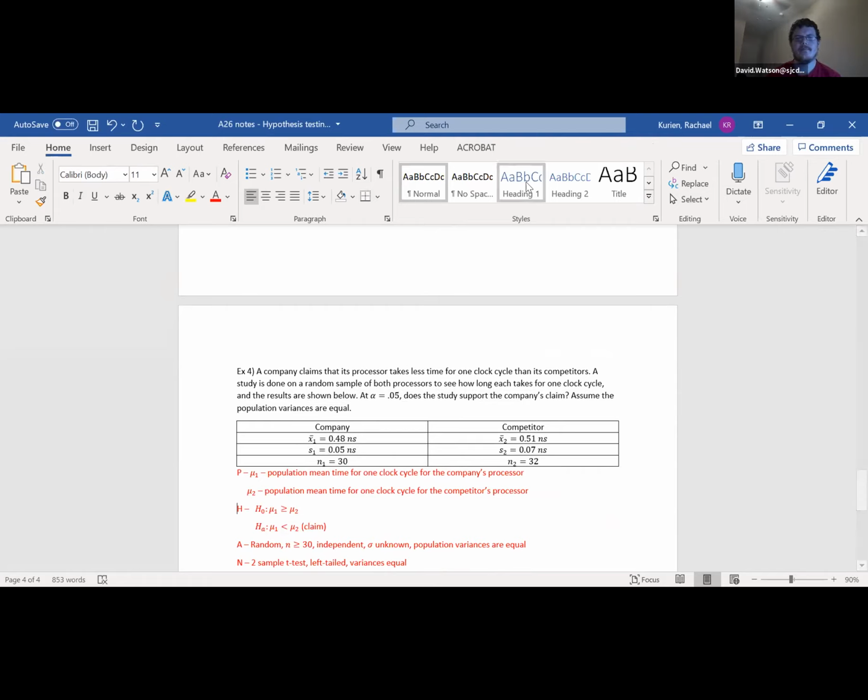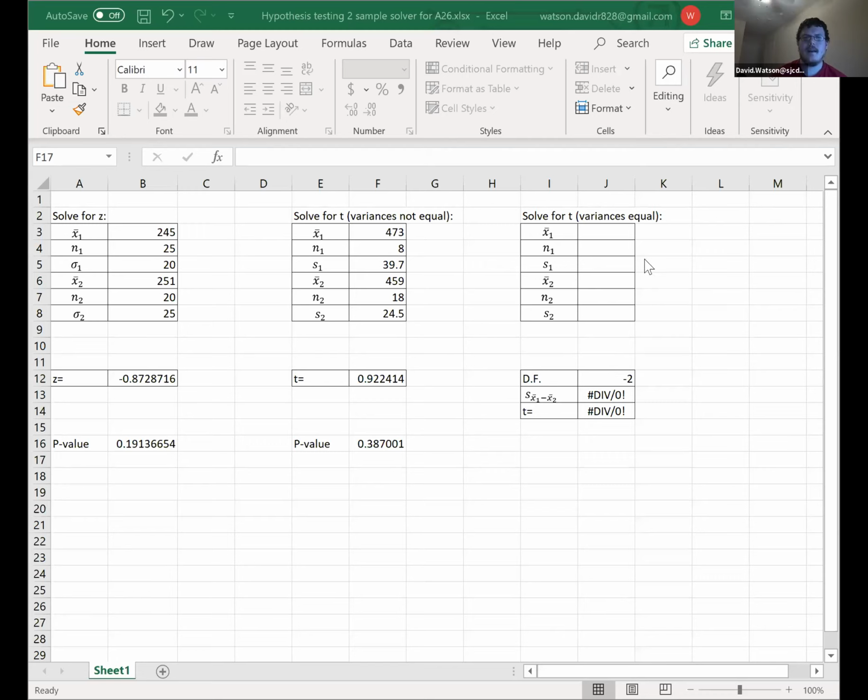All right, so let's look at Excel for the last time, at least in this video. Okay, so here is the one when variances are equal. You'll notice there's two different things up here, and especially this one does not necessarily look pretty. You don't have to worry about this one at all.